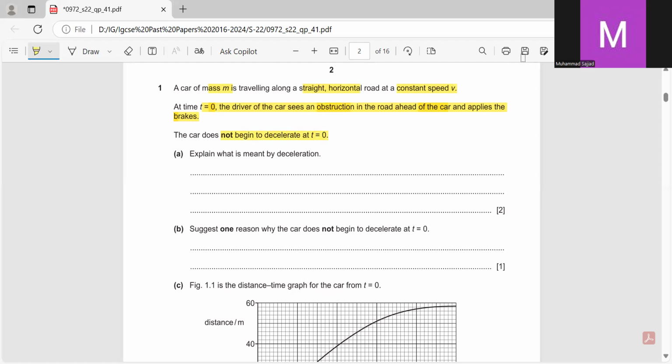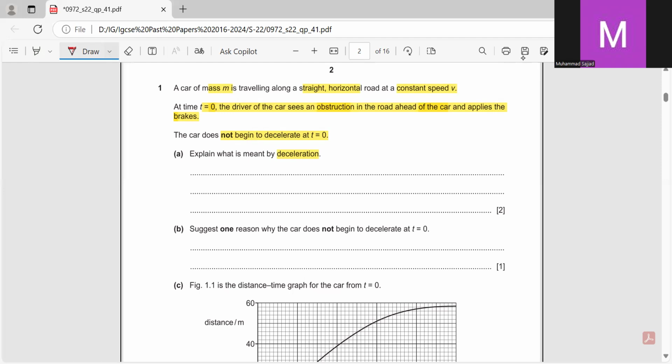Now what is meant by deceleration? By the way, the definition for deceleration will be the same as the definition for acceleration, but there is one difference. The difference is this is a negative acceleration, and the rest we can say it is the rate of change of velocity. There are 2 marks, so we have to give 2 valid points.